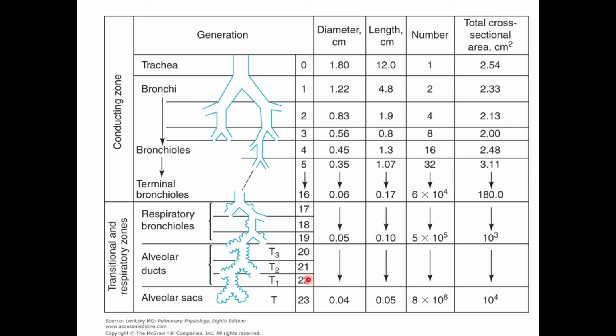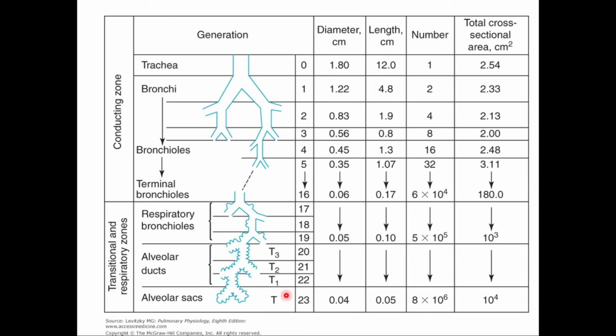Respiratory bronchioles have some alveoli as shown in this figure. Each respiratory bronchiole branches into about 100 alveolar ducts and 2000 alveoli in the adult human approximately. These are called terminal respiratory units.